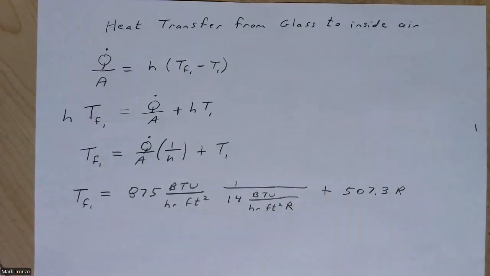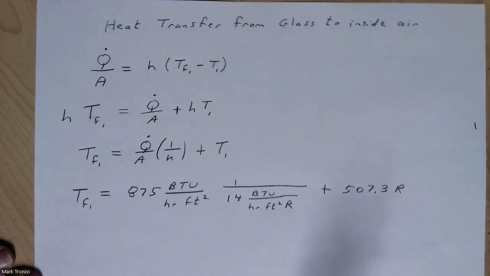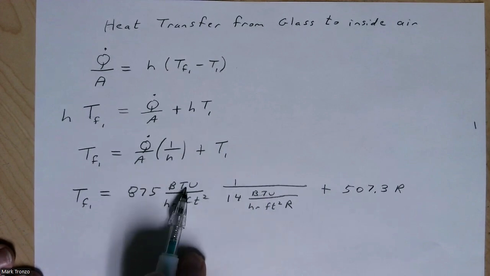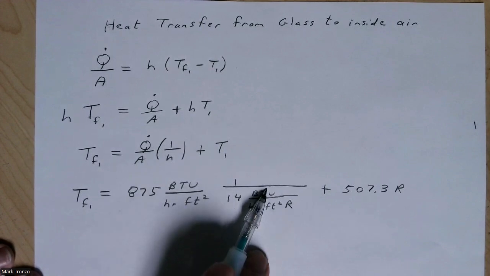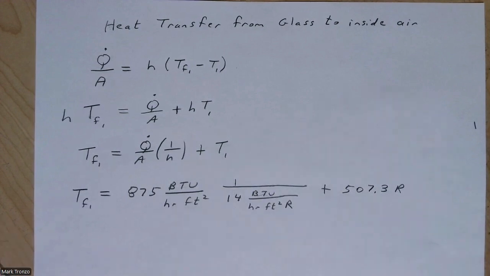Let's check our units here. BTUs cancel, foot squared cancels, hours cancel. Then we have 1 over R, which brings an R up in the numerator.